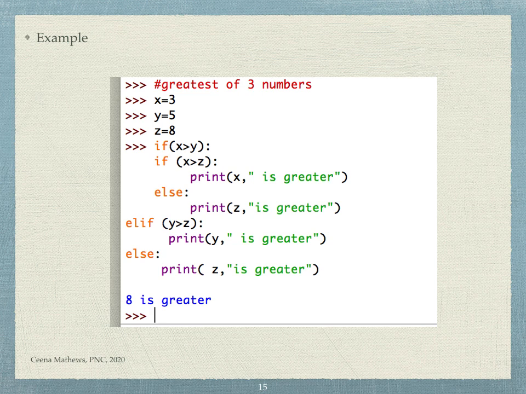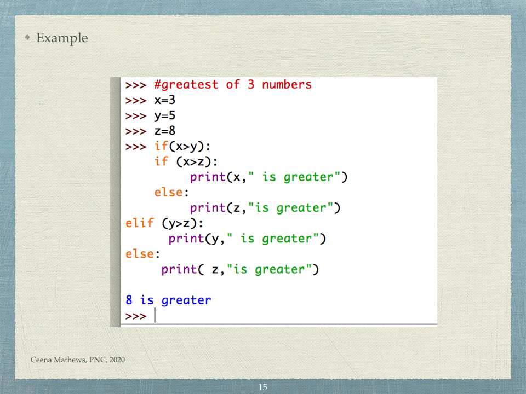If in both cases it is true, then x is greater, which means x is greater than y as well as greater than z. If x is greater than y but not greater than z, in that case we can decide that z is greater.